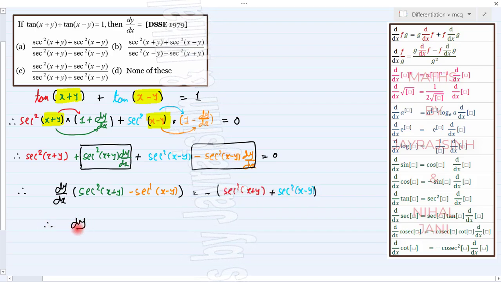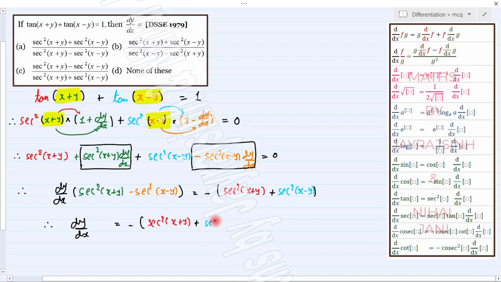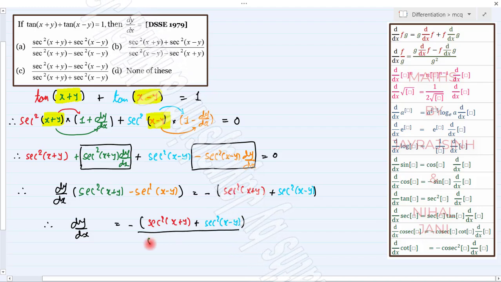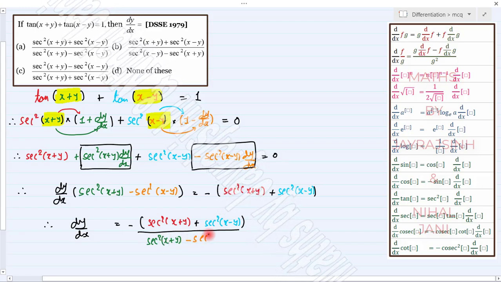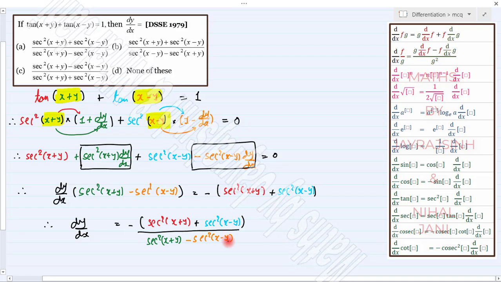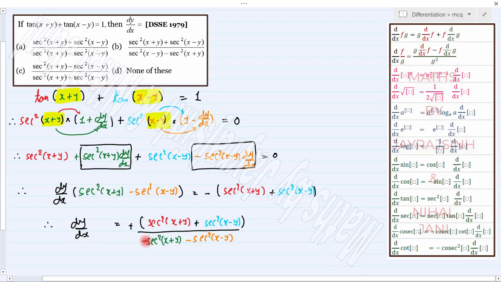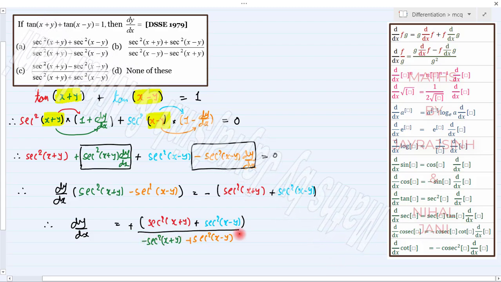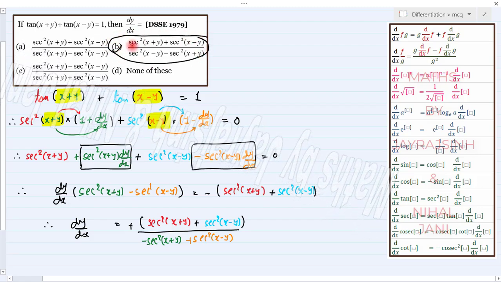So we can say dy by dx is simply minus of (sec square (x plus y) plus sec square (x minus y)) upon (sec square (x plus y) minus sec square (x minus y)). And to get proper answer, let's multiply minus within the bracket. So we will get minus sec square (x plus y) and plus sec square (x minus y), which is given in option B. Ta-da!